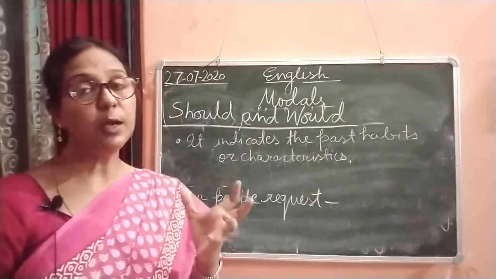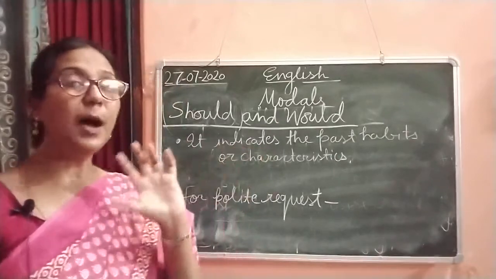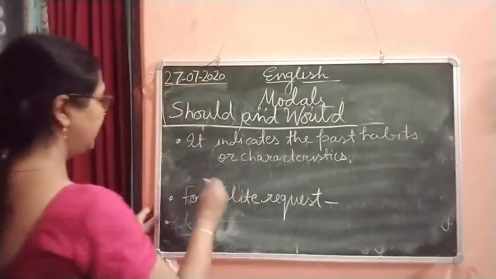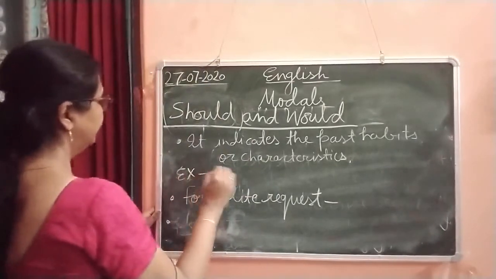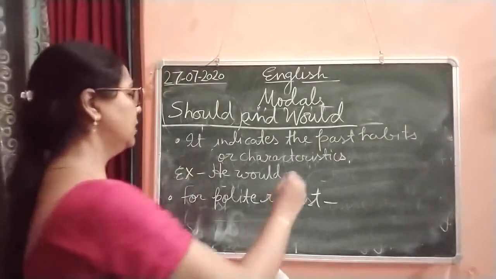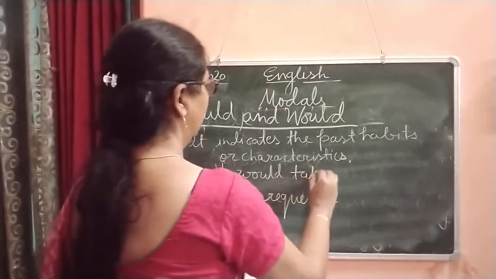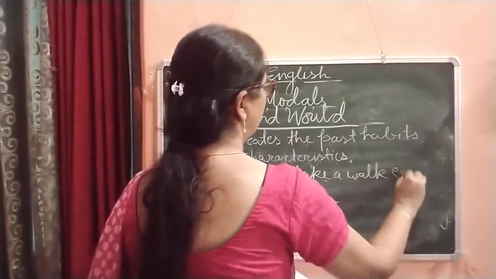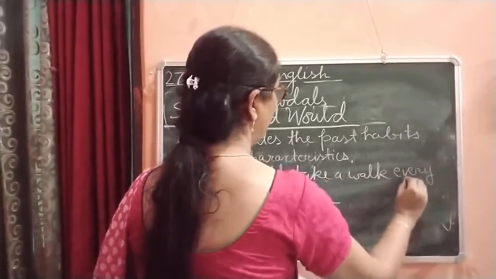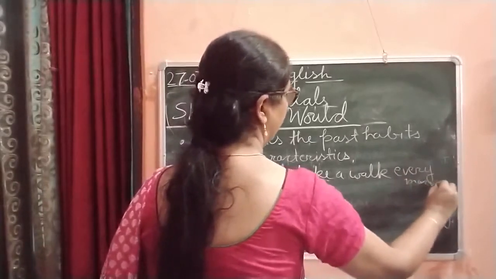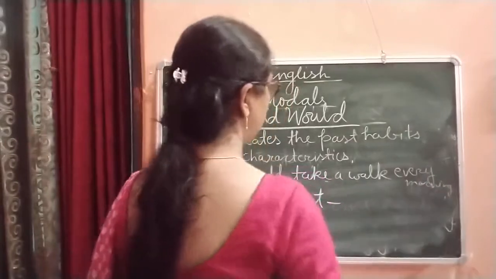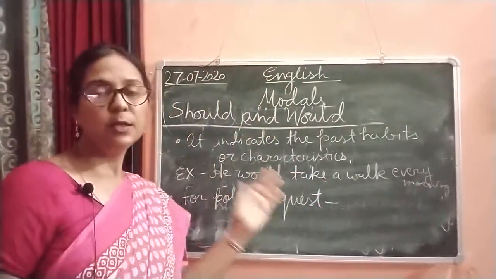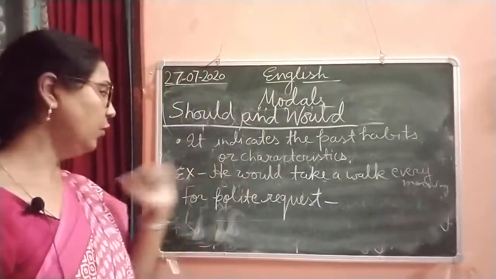So, we are talking about the past habit of someone. Suppose I am going to write over here the example: he would take a walk every morning. So here you can see we are talking about the particular person's habit. So that time we are using would.